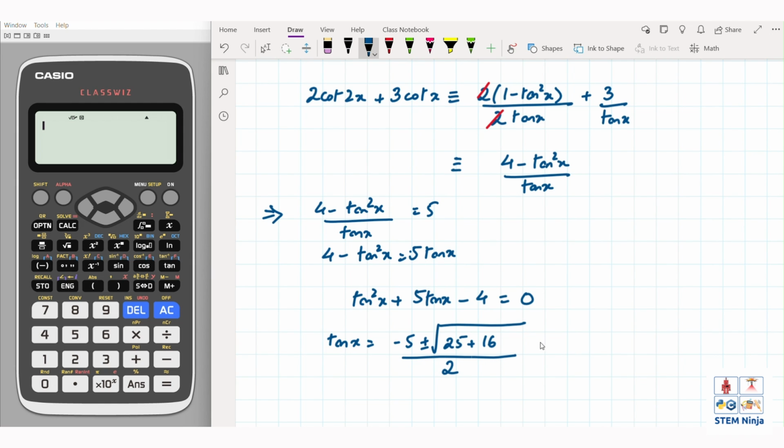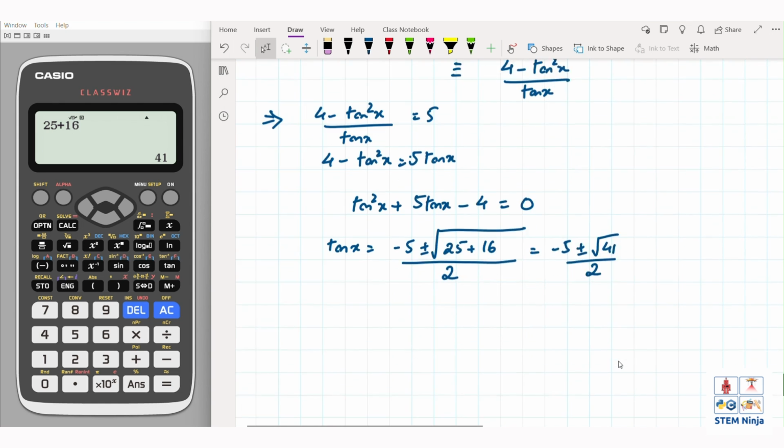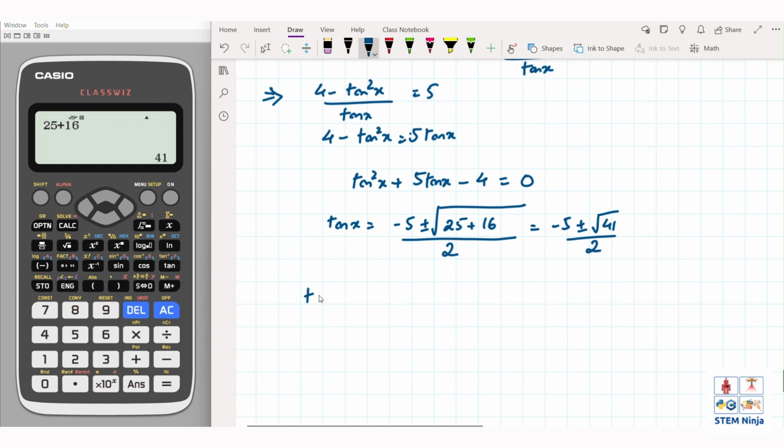So minus 5 plus minus root 25 plus 16, that is 41, divided by 2. So two values of tan x that we have are minus 5 plus root 41 divided by 2, and the other value is minus 5 minus root 41 over 2.